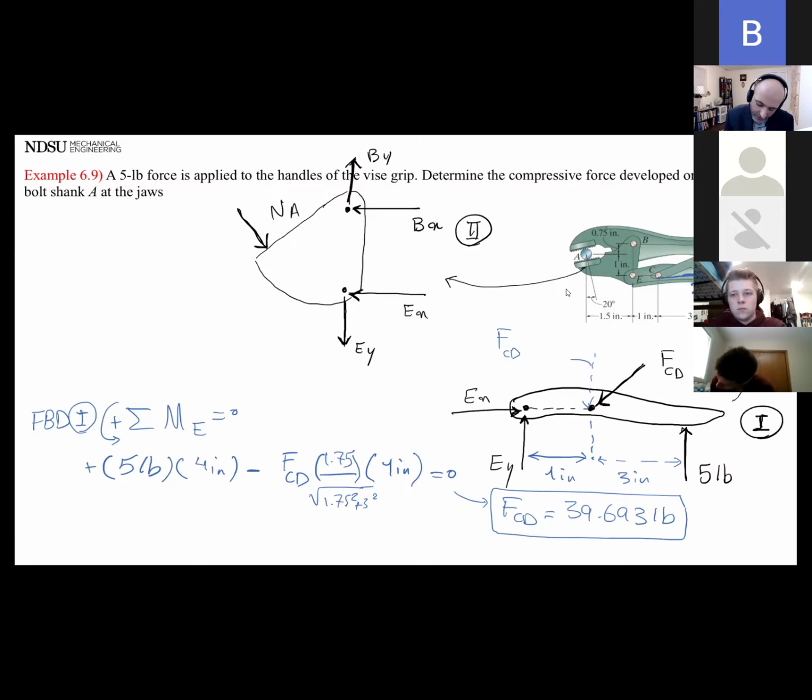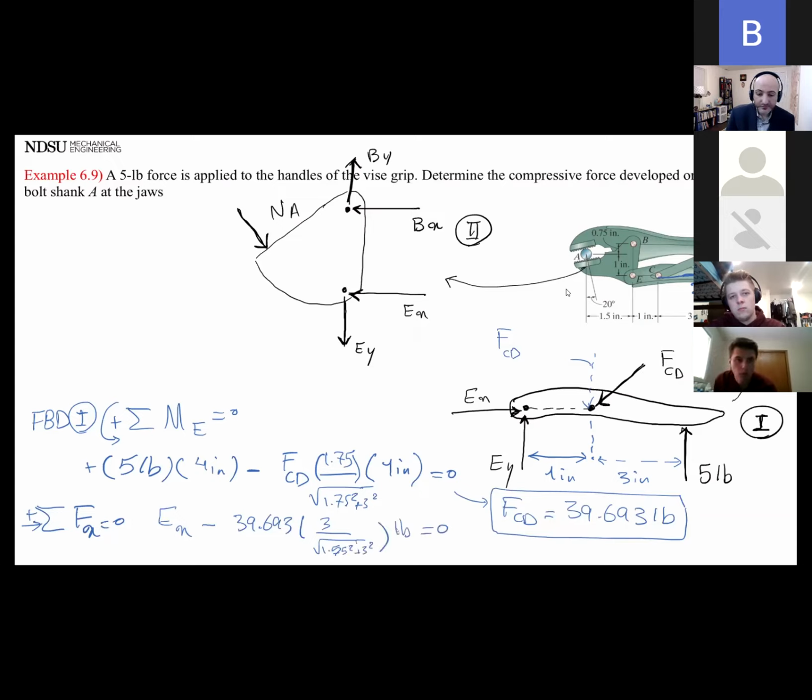Okay, the next thing I can do is write summation of forces in x equals 0. Anything that goes to the right, I'm going to take plus. So it's going to be EX minus 39.693, this time it's going to be 3 over 1.75.3 pounds.